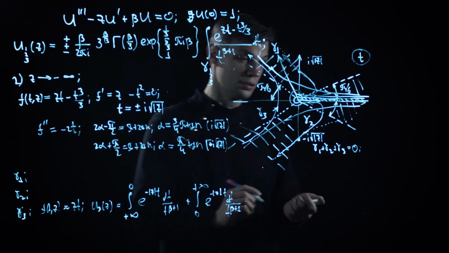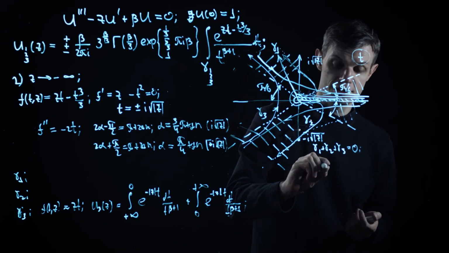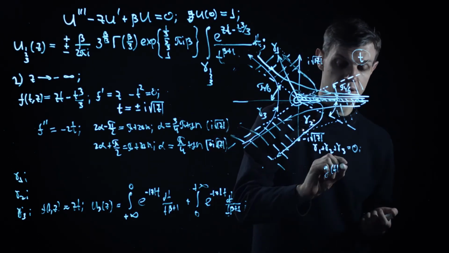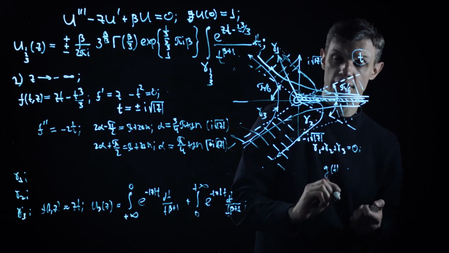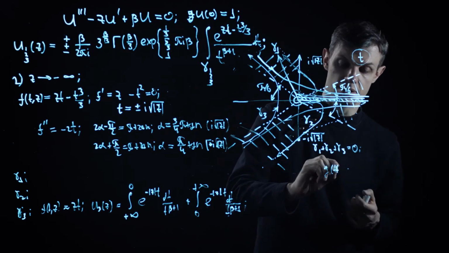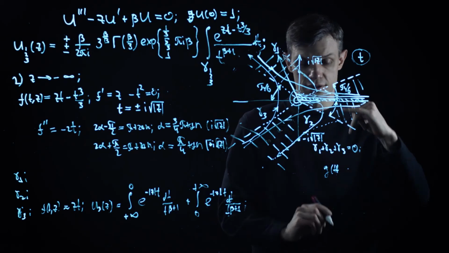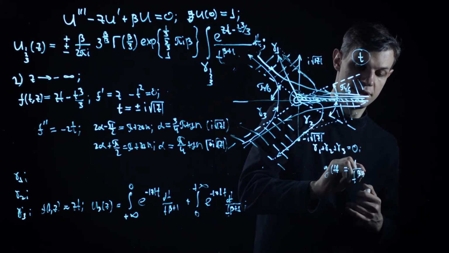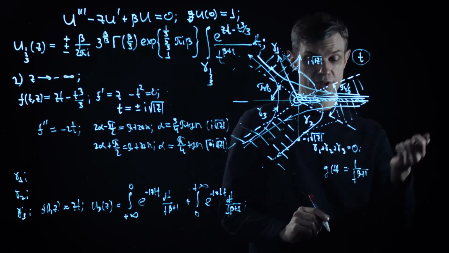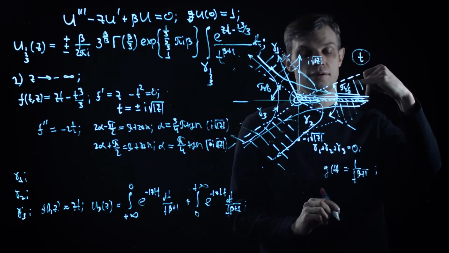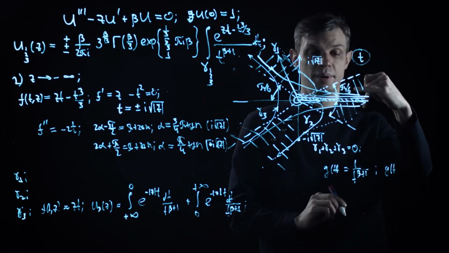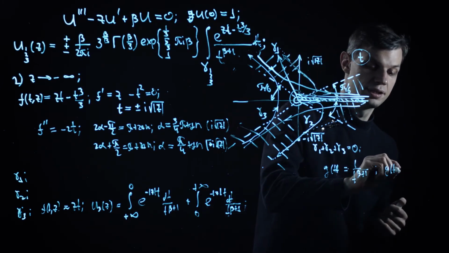And of course, we have here a multivalued function, and we defined its regular branch in a natural way. So we considered that the g of t function, which is 1 over t to the beta plus 1, is positive when t belongs to the upper bank of the branch cut.